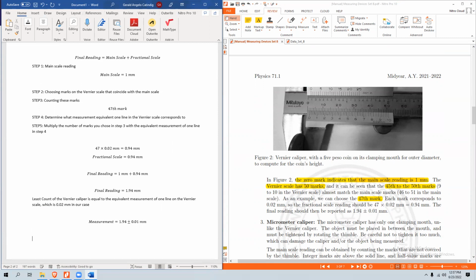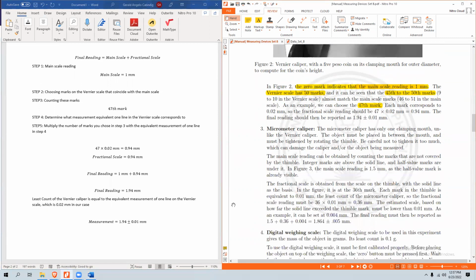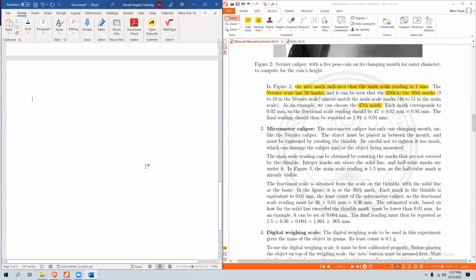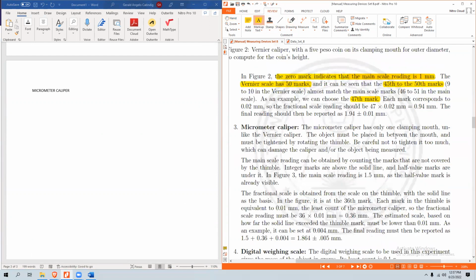All right. So, next naman, let us discuss our micrometer caliper. So, micrometer caliper has only one clamping mouth, unlike your Vernier caliper, which has two. And the object must be placed in between the mouth and must be tightened by rotating the thimble.